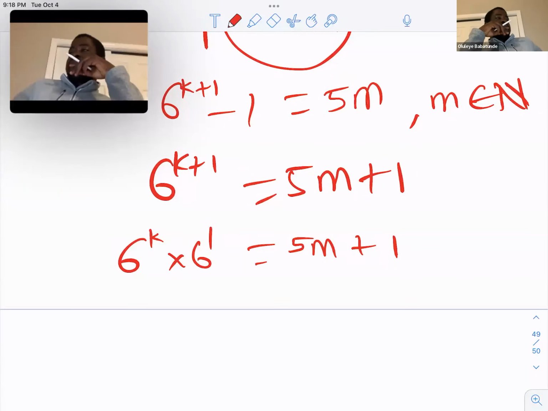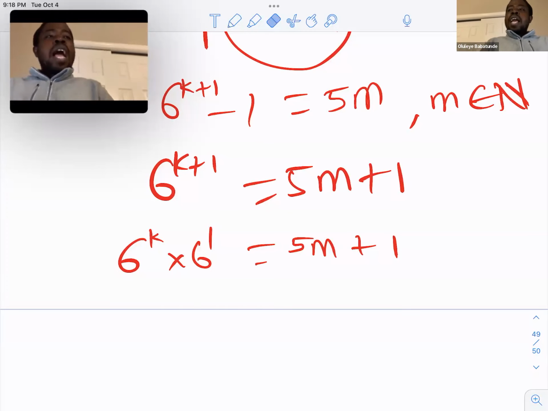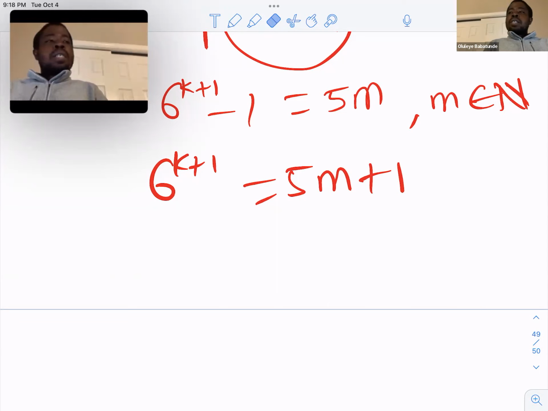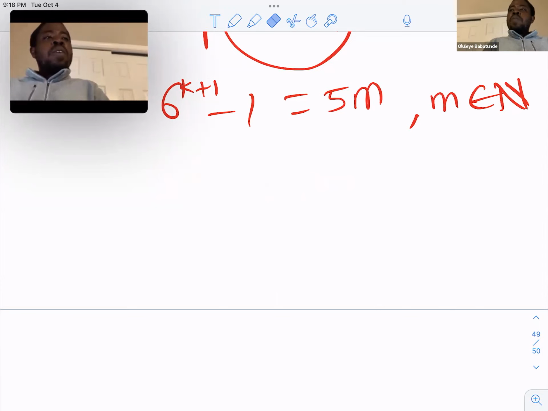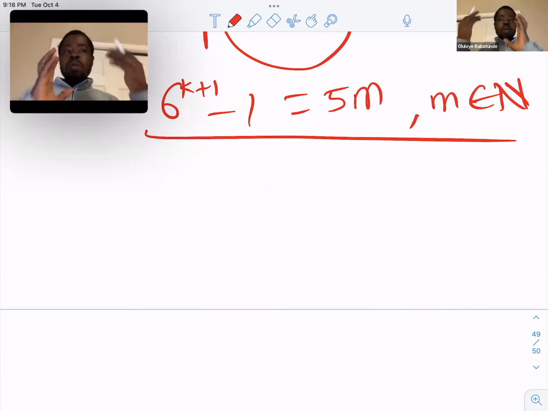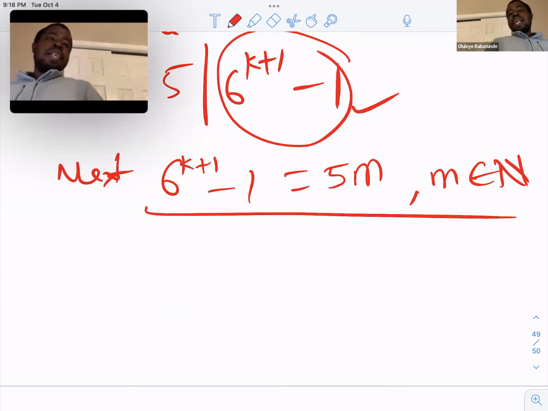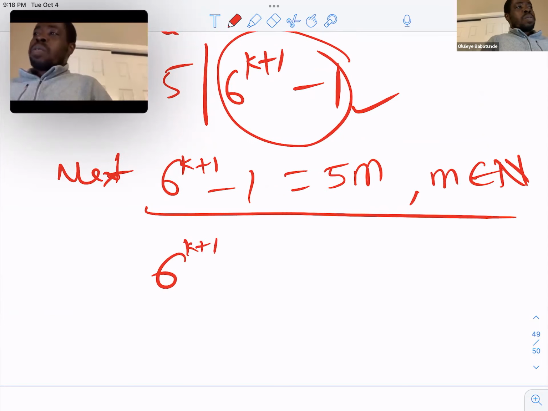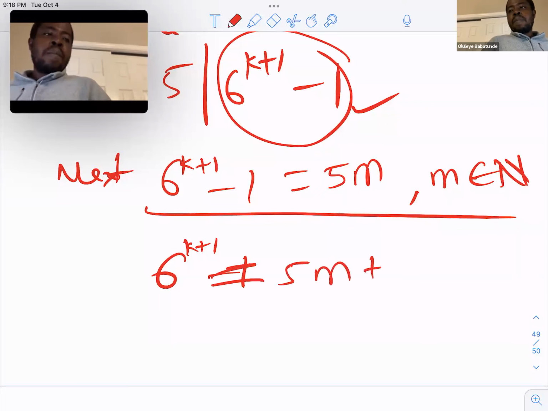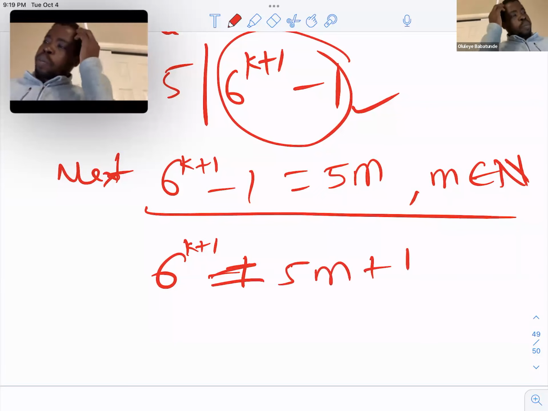So, if I divide, I can make this as, what did I do? Okay, so from here, after assuming that this circle here is a multiple of 5, I can actually write this as 6 raised to the power k plus 1 minus 1 equals 5m plus 1.